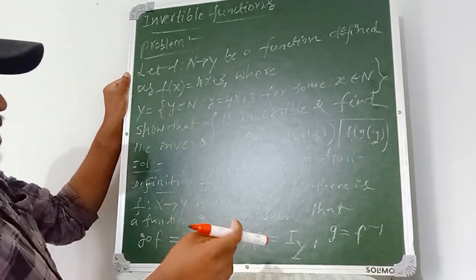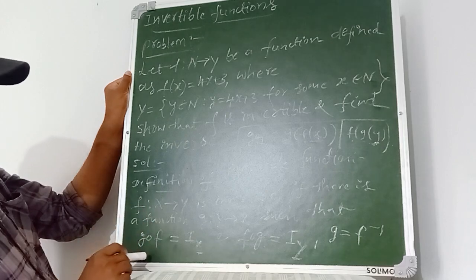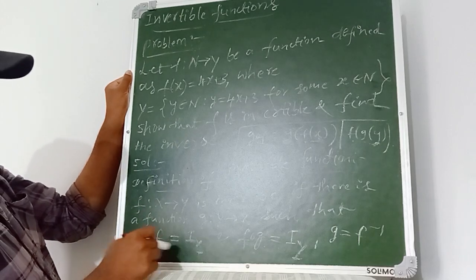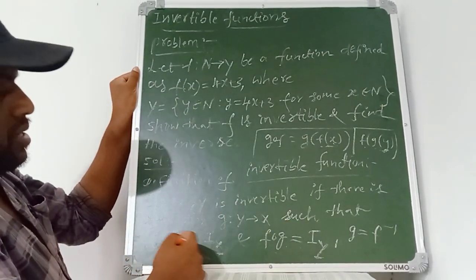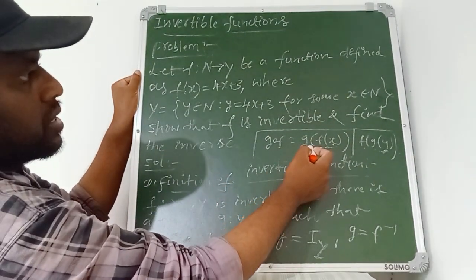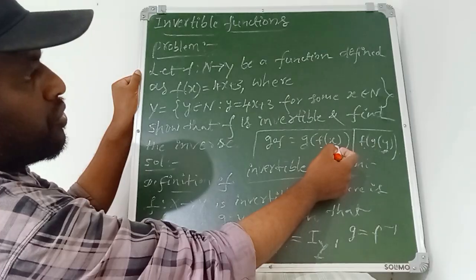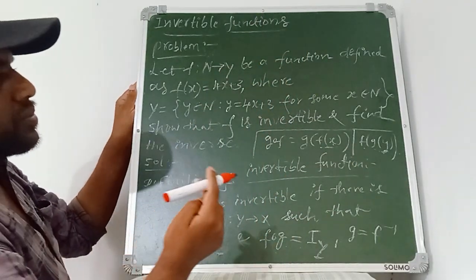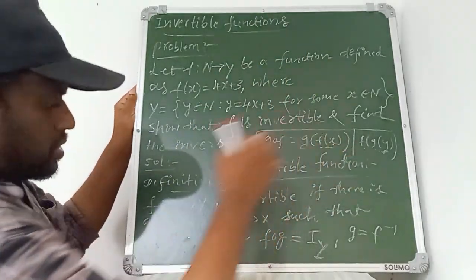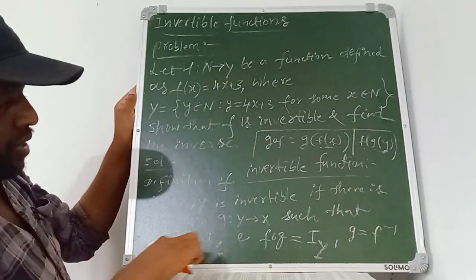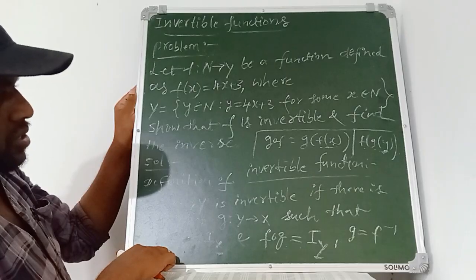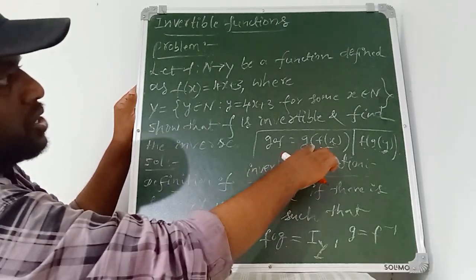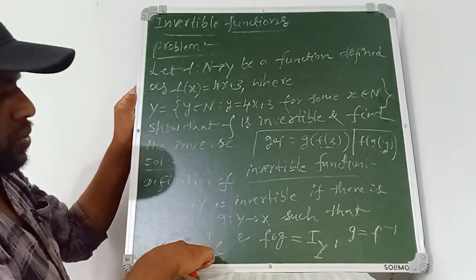Now come to this. We have conditions. G naught f is equal to ix. G naught f means G of f of x. So we have to prove this. G naught f is nothing but G of f of x, that is equal to ix.